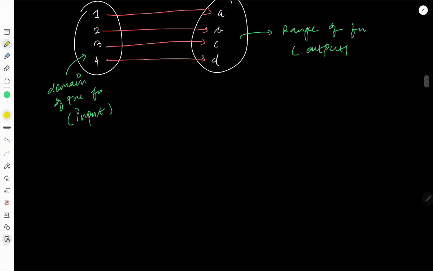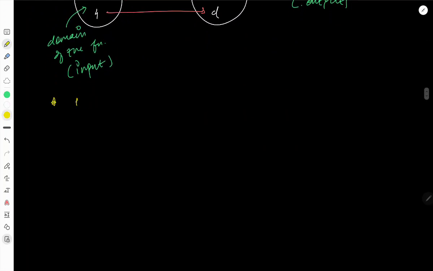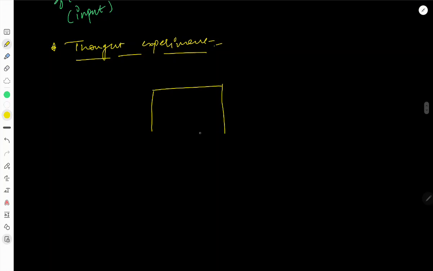So, let us understand this in terms of a small thought experiment. There is this simple machine. I am representing it by a box and I'm writing on it machine. And this machine is doing a specific work of increasing the size of a particular object. So case one is I put a small object and I set a limit of increasing by 2 times.